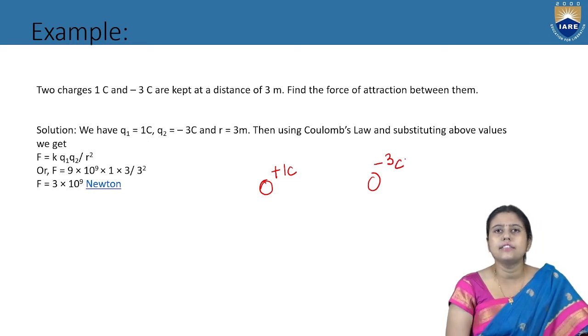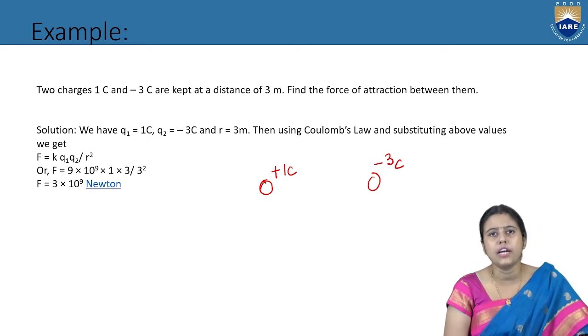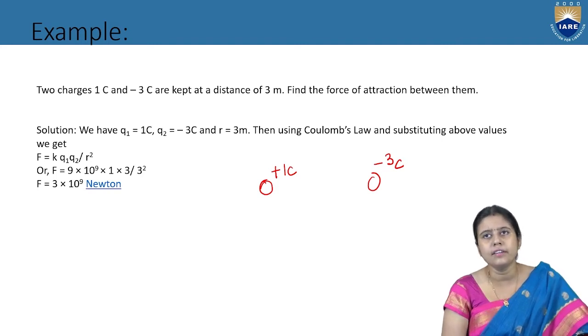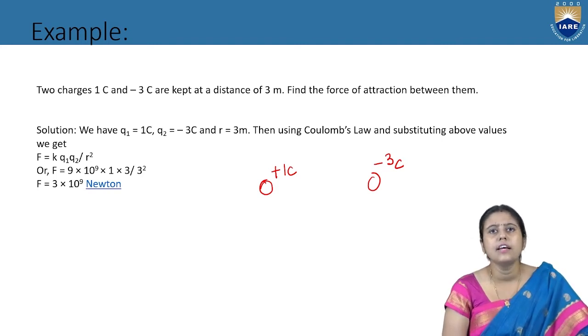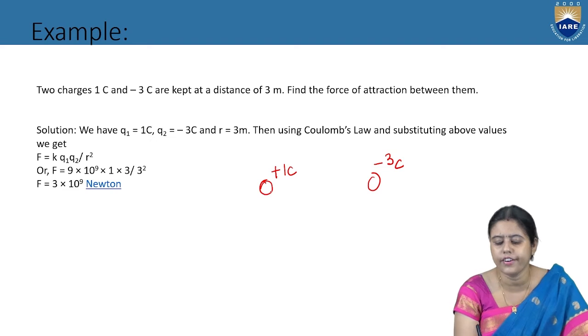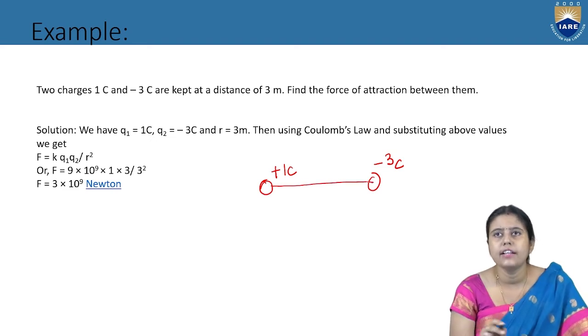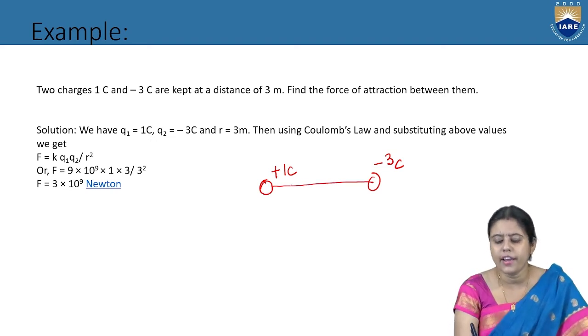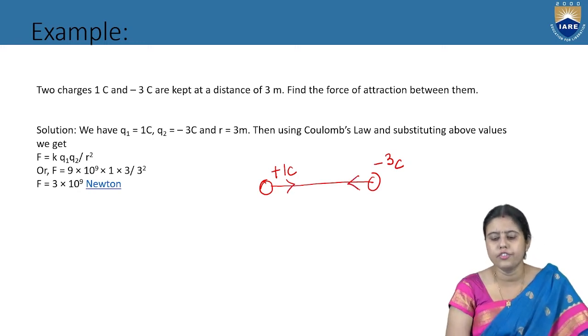So both charges are not like charges; they are different charges. This is nothing but the attractive force, because the charges are different, and the force will act along their lines of force.